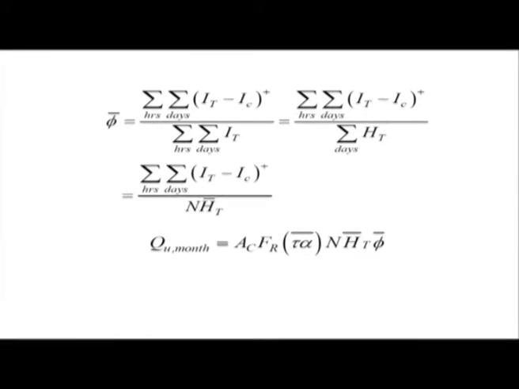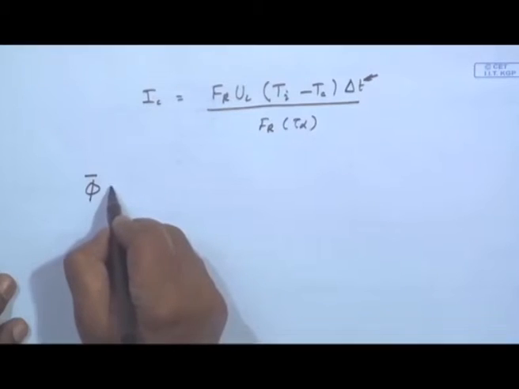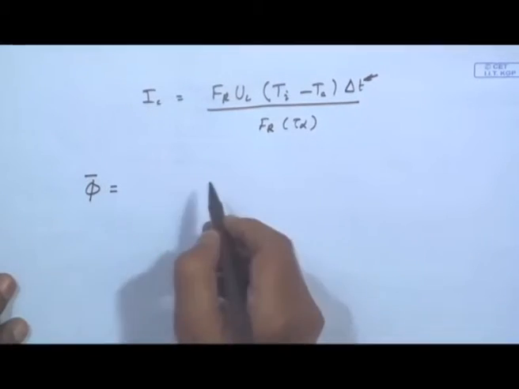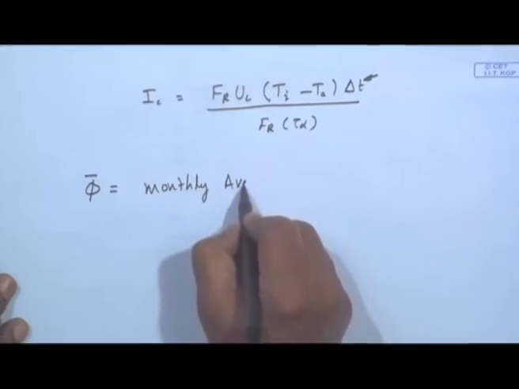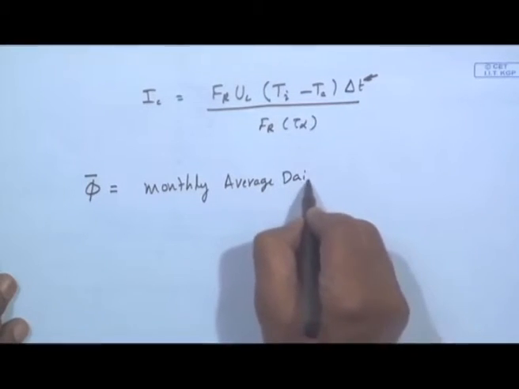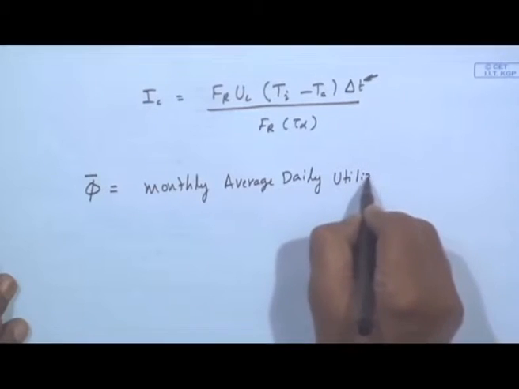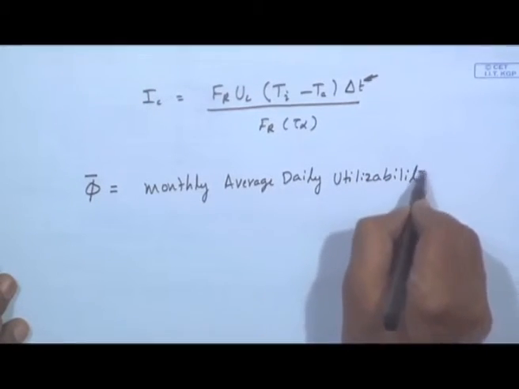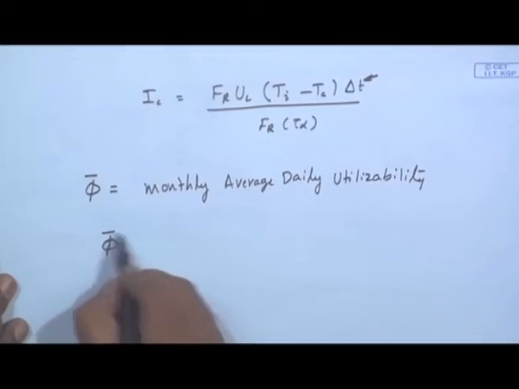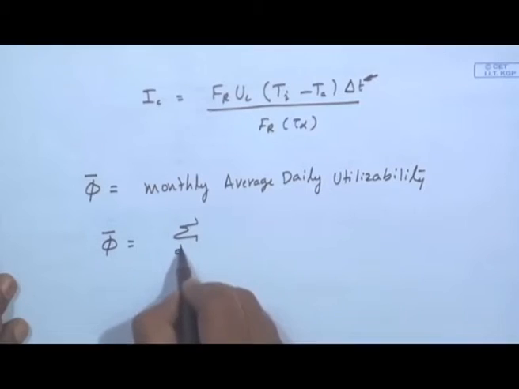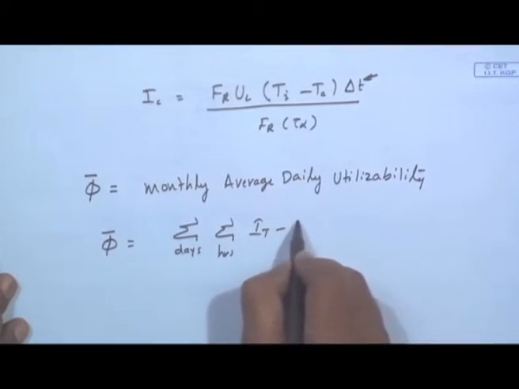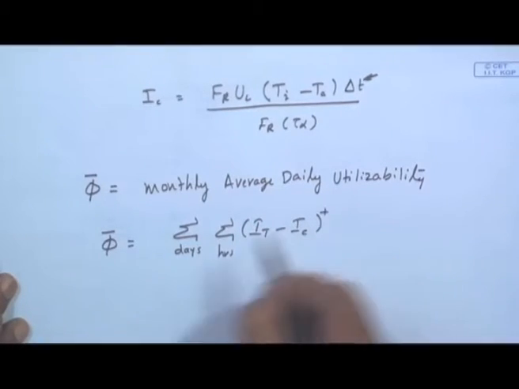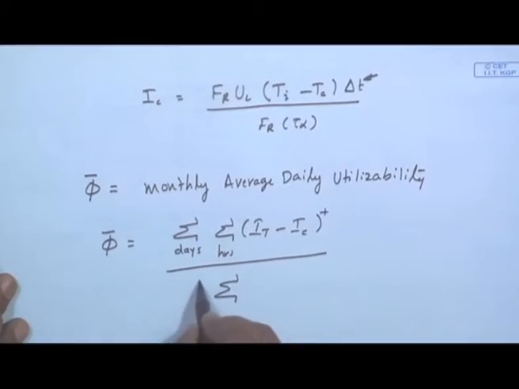So, if I define what I call the monthly average daily utilizability, let me write it because it is a tongue twister, monthly average daily utilizability, basically phi bar is the ratio of solar radiation available above the critical level upon the total solar radiation falling on the collector surface.